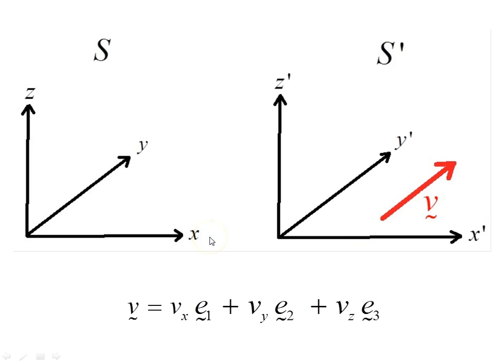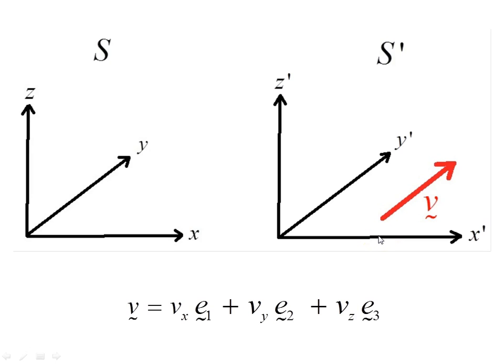Now normally we look at cases that are in standard configuration, where the x' axis is parallel to the x axis, and S prime is moving at some constant speed along that axis. That's standard configuration.